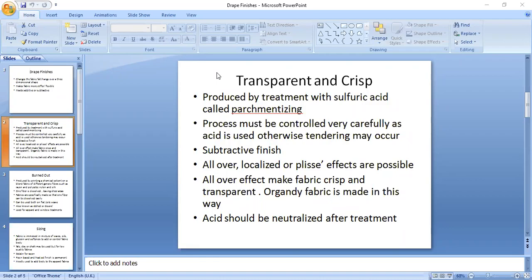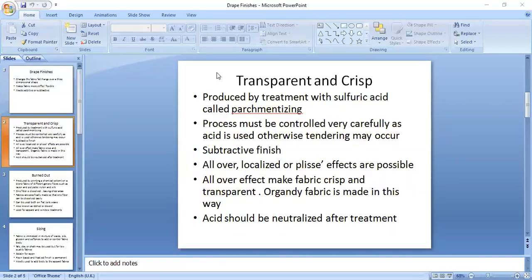The lawn is first singed to remove the protruding ends, desized to remove size already present in the fabric during the weaving process, bleached for whiteness, mercerized for increased luster and strength, and of course absorbency.